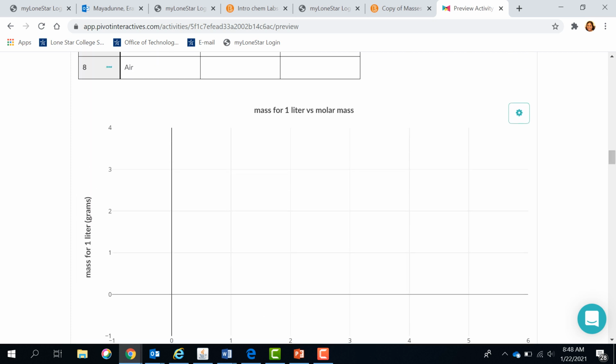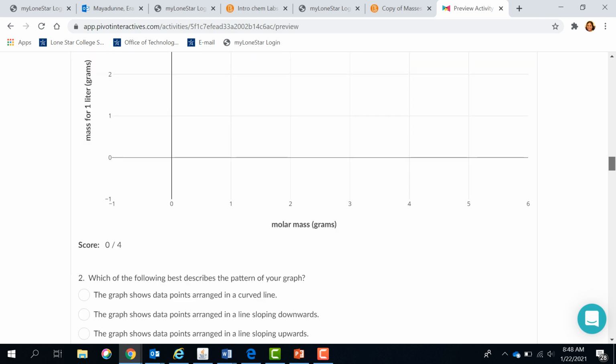Mass per 1 liter. Mass is in grams per liter, so grams divided by liter, and my molar mass is grams per mole. So what is the unit, not simplified, of the m?